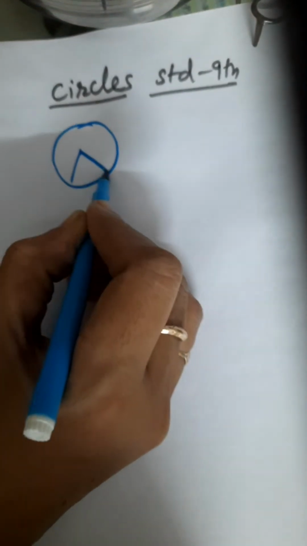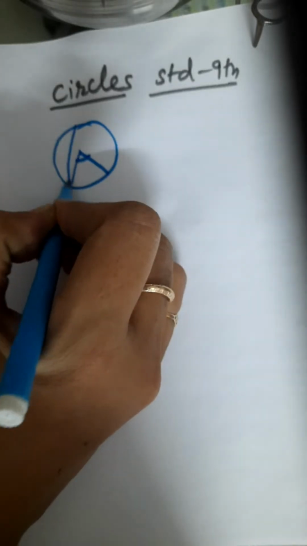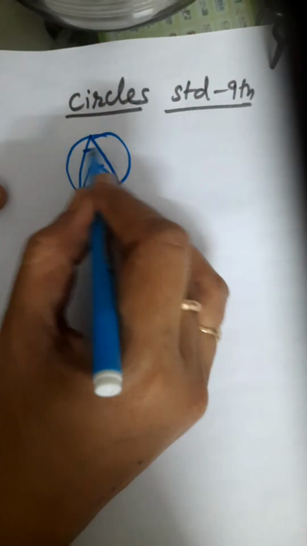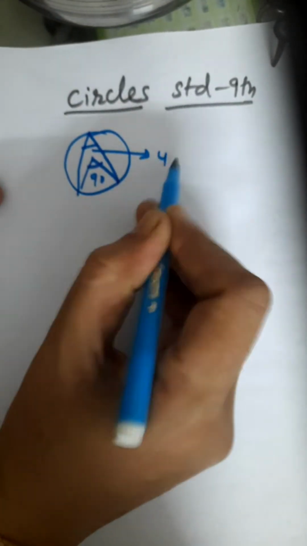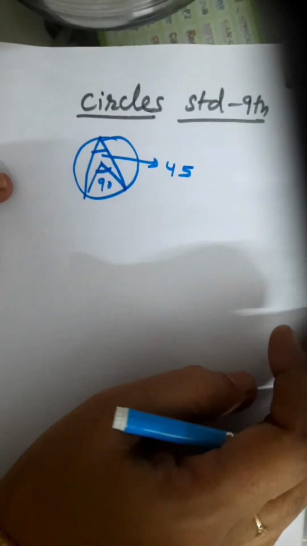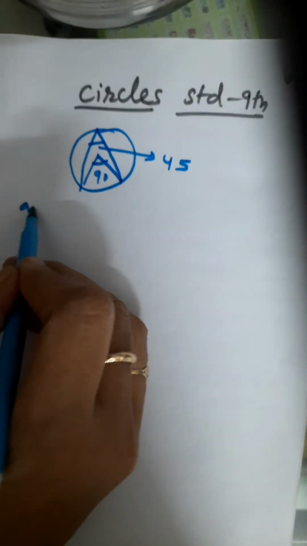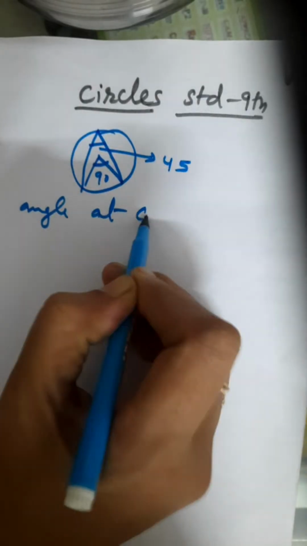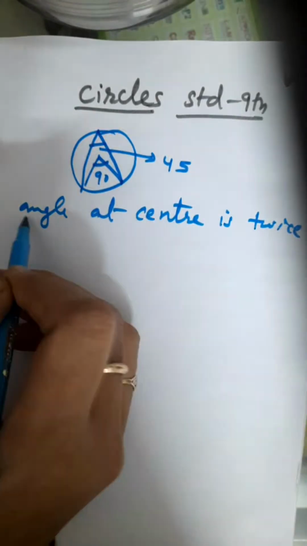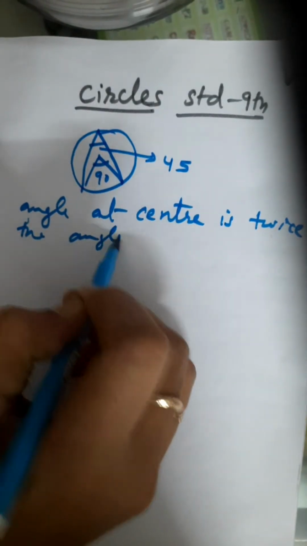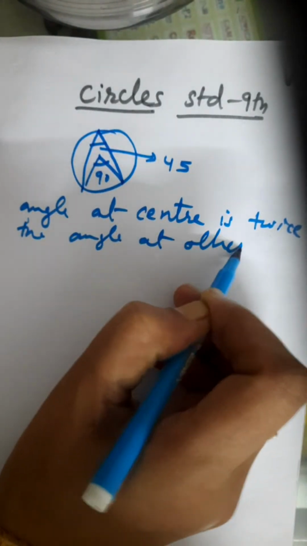So here this is the center and this is another part of the circle. If this angle is 90, this will be 45. So this first property we call angle at center is twice the angle at other part of the circle.